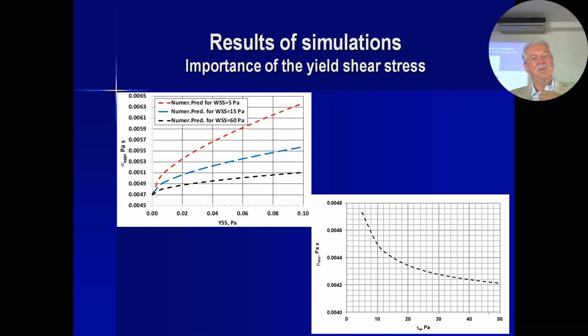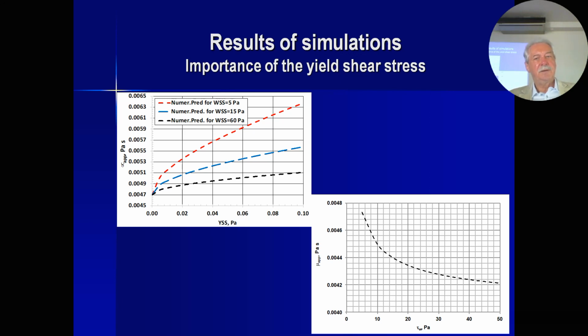If we consider three different values of wall shear stress, the first equal to 5 pascals, which corresponds to laminar flow, the second 15 pascals, which corresponds to transitional flow, and the next one 60 pascals, which corresponds to turbulent flow, we see that apparent viscosity is highest for wall shear stress equal to 5 pascals.